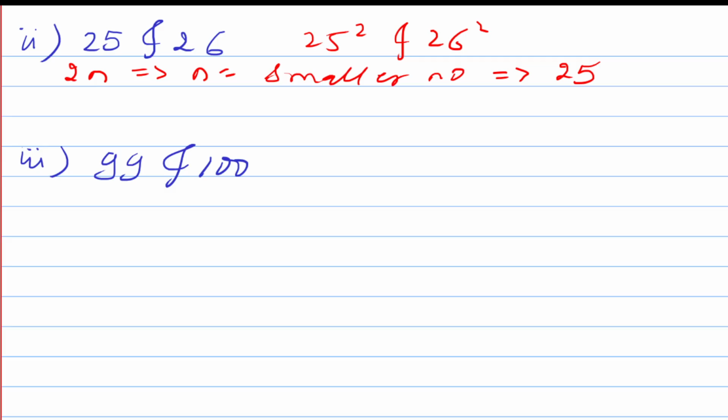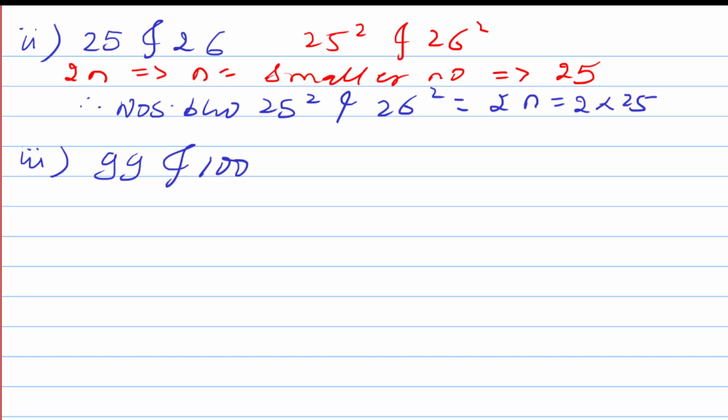You will simply do, therefore, numbers between 25 square and 26 square is equal to 2 into n, which is equal to 2 into 25, which is equal to 50. So you have 50 numbers between 25 square and 26 square.